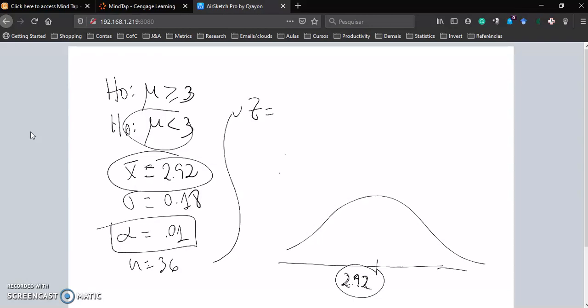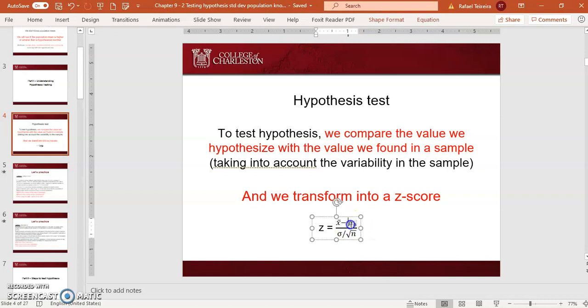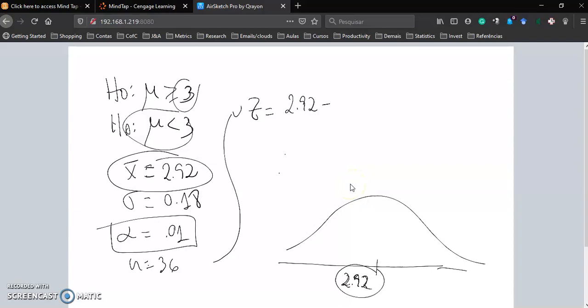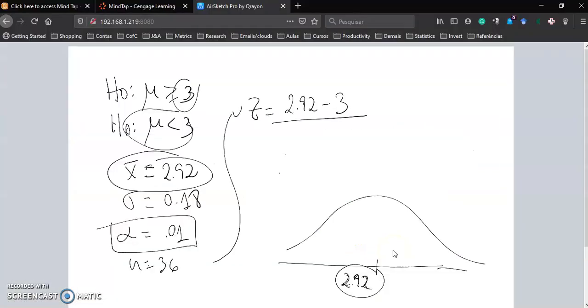I have 2.92 minus the hypothesized mean, which is 3, divided by the standard deviation of the sample mean in the denominator, which is 0.18 divided by the square root of 36.